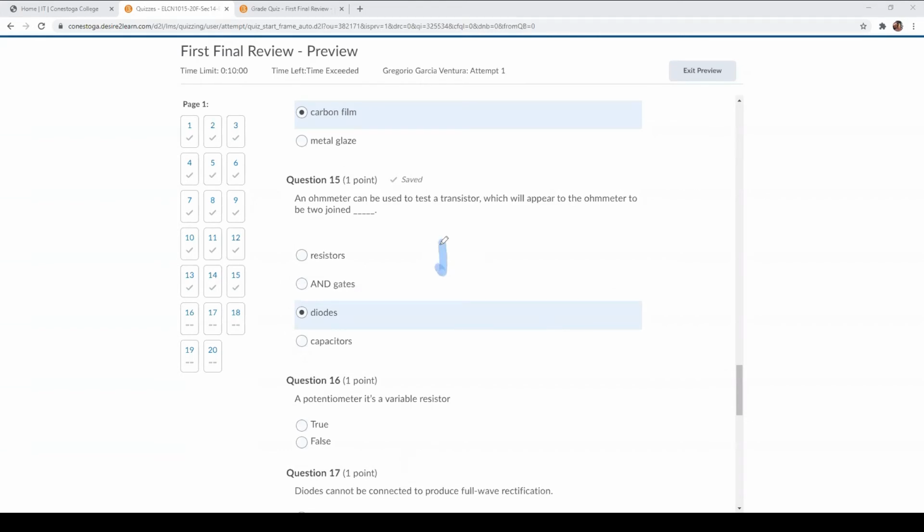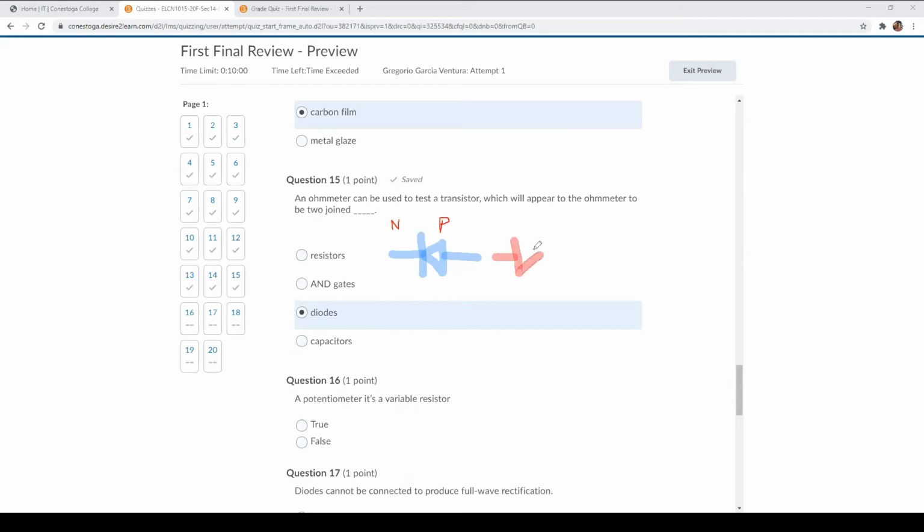So when we have a diode like this, are you watching this stuff? We know that a diode has two components, or two different materials. One of them is the positive side, the P material, which is also called the anode. And then the other side is the negative, which is called the cathode. Okay, so to a meter, it seems like we have two diodes connected back to back.